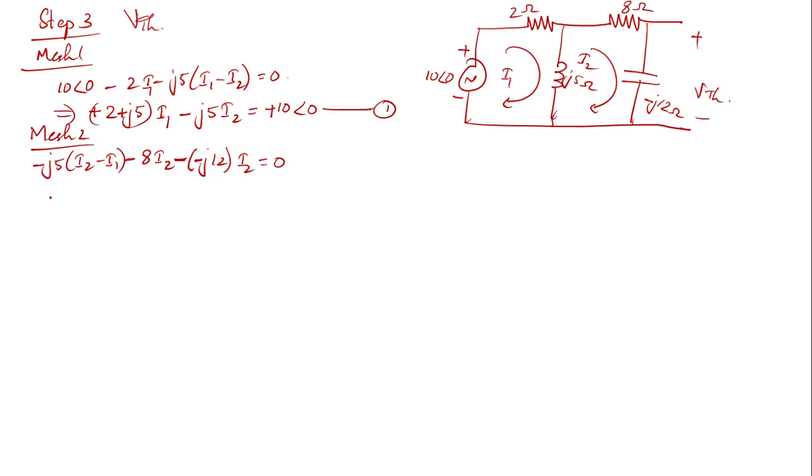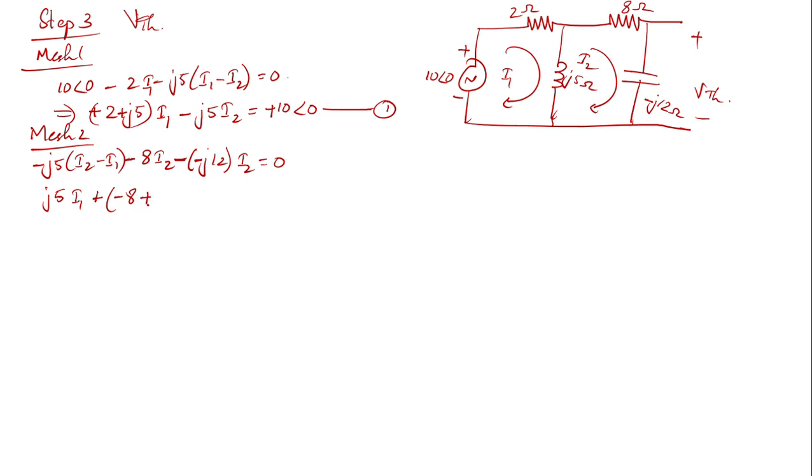If you're rearranging over here, you're going to get j5 into I1 minus 8, and this would be plus 12 and minus 5, so that will be 7.